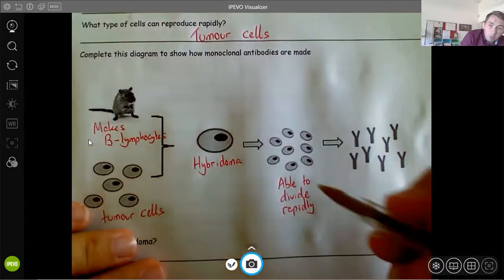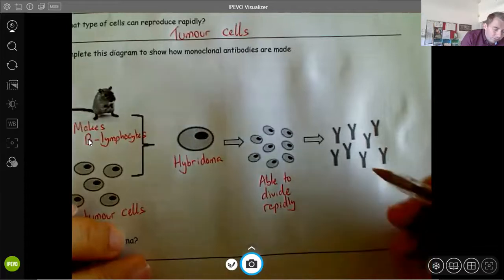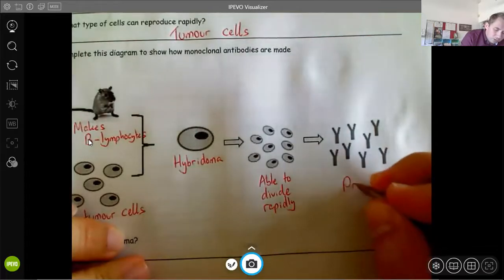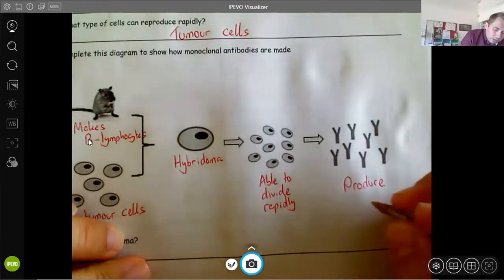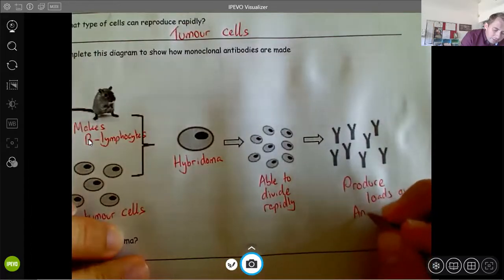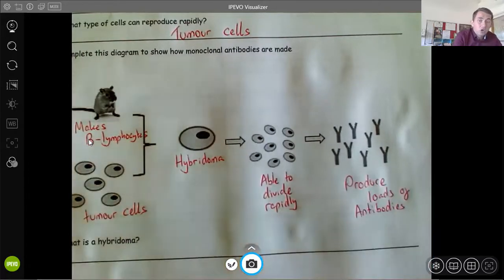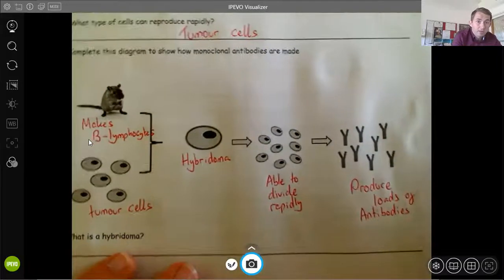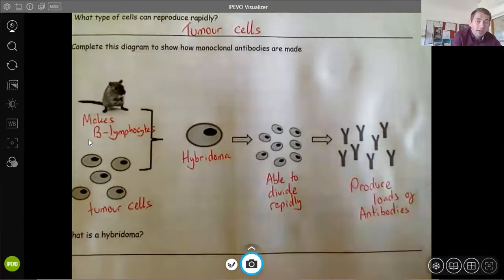And if you've got more of these cells, this means you produce loads of antibodies. So you are making lots of a particular antibody, which we can use for lots of reasons we'll look at in a second.